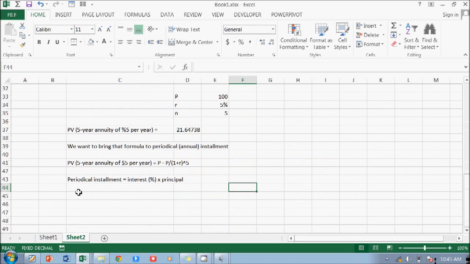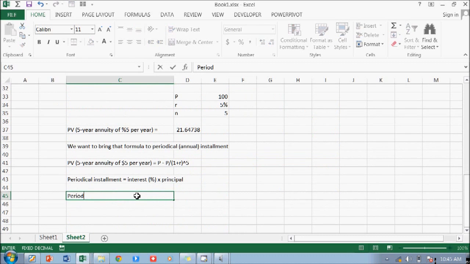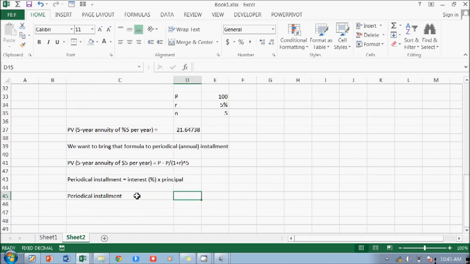Let's see. The periodical installment is your A. It's equal to interest, your R times your P. So if we rearrange that, P equals A divided by R. I don't know whether it's correct or not, but I will try that.